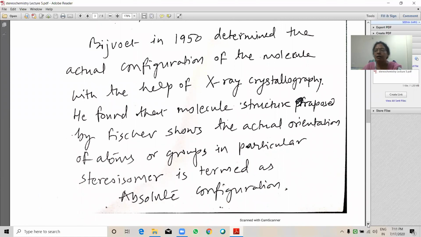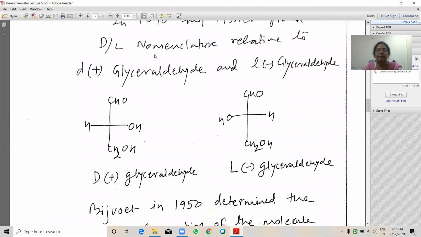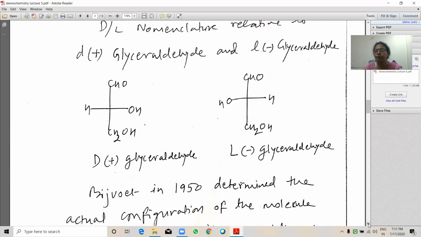It means Fischer suggested that if on this horizontal line the highest priority group, hydroxy, is on the right hand side, it will be considered capital D. And in actual practice also, he found that it is dextrorotatory, whereas when the hydroxy group is on the left hand side, the optical rotation also shows that it is levorotatory. So it will be considered as an absolute configuration also.